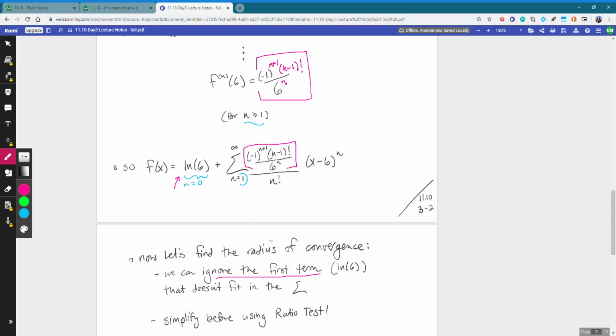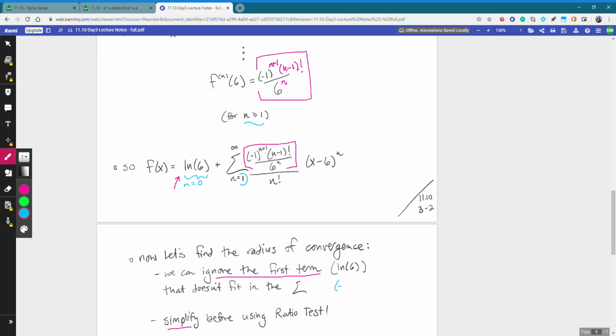And the second thing, as we were talking about, we definitely want to simplify this thing as much as we can before we do the ratio test. We have fractions upon fractions, so let's work with that a little bit first.